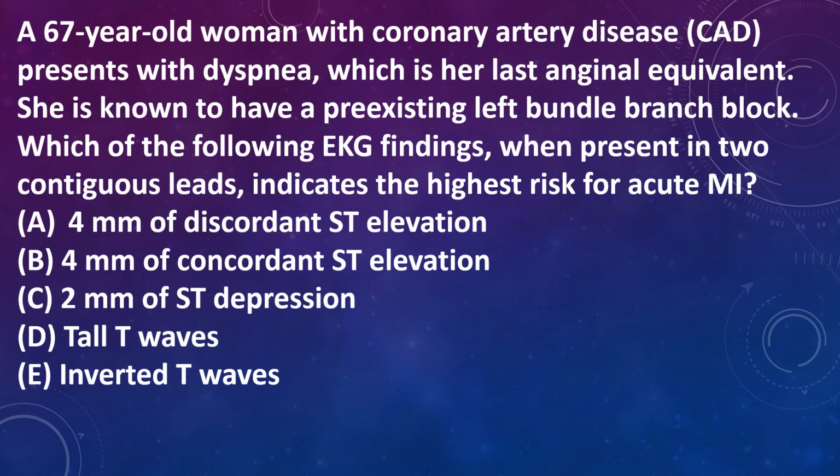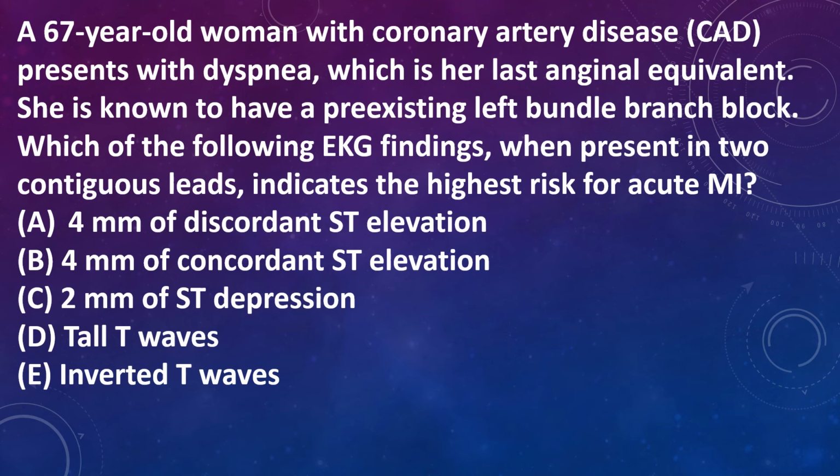A 67-year-old woman with coronary artery disease, CAD, presents with dyspnea, which is her last anginal equivalent. She is known to have a pre-existing left bundle branch block. Which of the following EKG findings, when present in two contiguous leads, indicates the highest risk for acute MI?